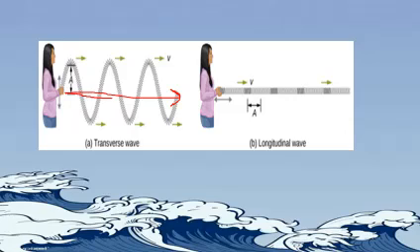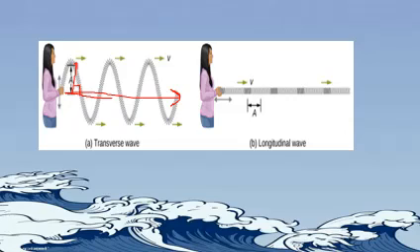So the direction of the wave is horizontal, and the direction of vibration of the loops is what? Is vertical. This wave vibrates the particles of the loop, these are loops, perpendicularly to the direction of propagation of the wave. So this wave is a transverse wave. Why?